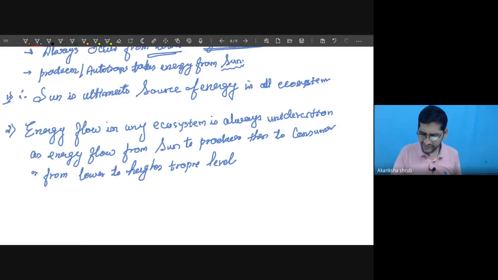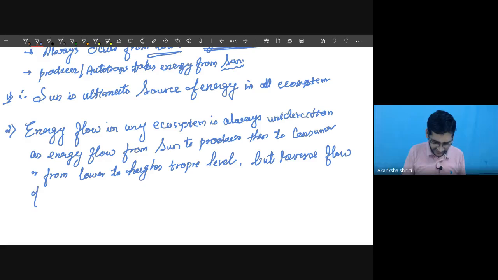But reverse flow of energy is not possible.